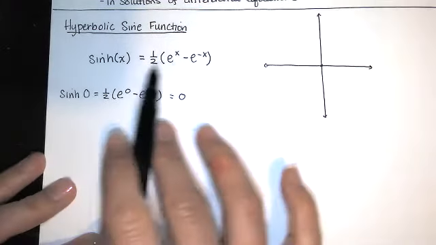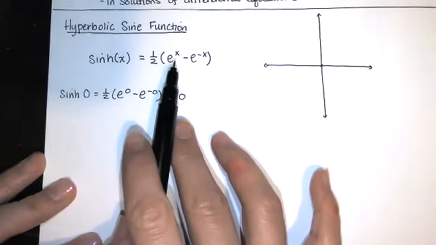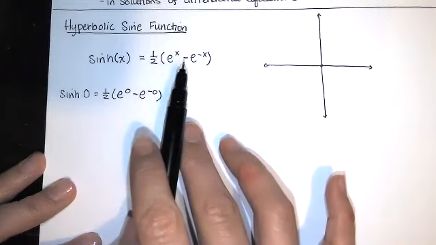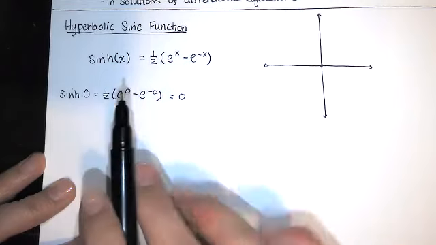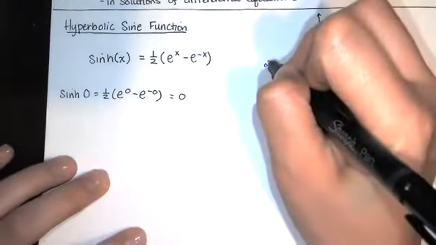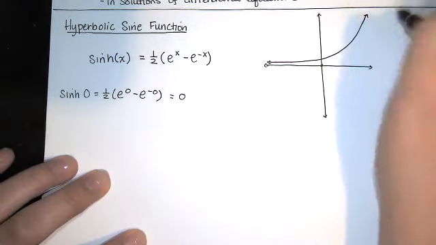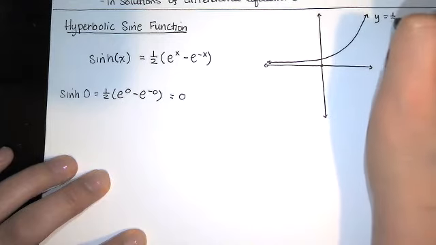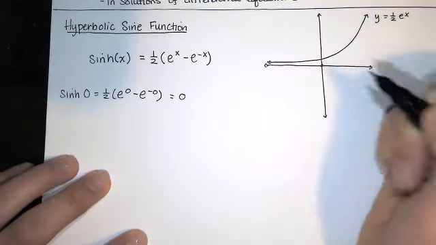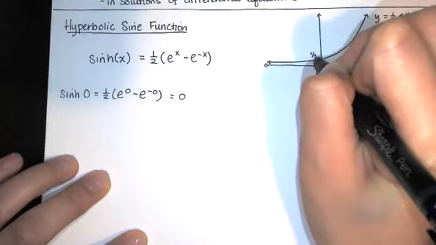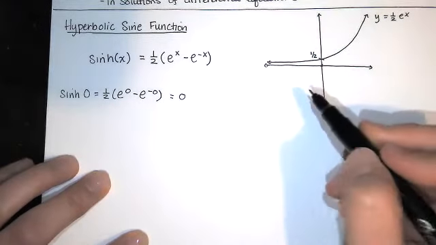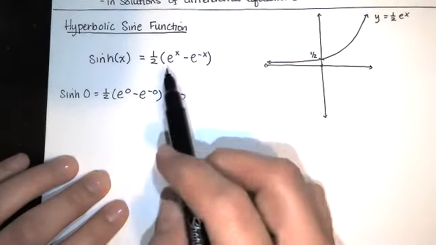And again, we can think of this as a combination of 1/2 e to the x and negative 1/2 e to the negative x. Now 1/2 e to the x looks like this, just roughly. When x equals 0, y equals 1/2 on that graph.